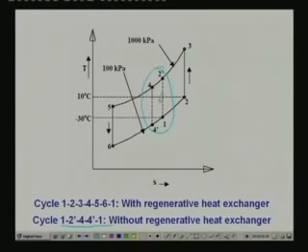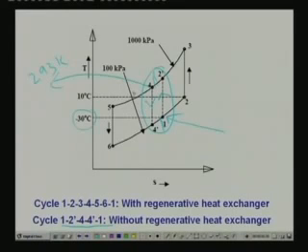So again you have isentropic compression, isentropic expansion, and isobaric heat rejection, isobaric heat extraction. Since you do not have any regenerative heat exchanger, there is no heat exchange between hot and cold streams. And we know from the given input information that this temperature is minus 30 degrees centigrade and this temperature T4 is 293 Kelvin.